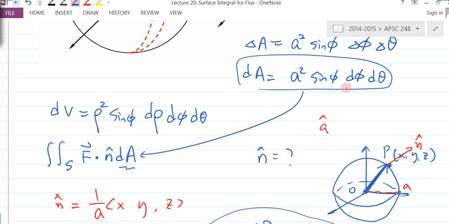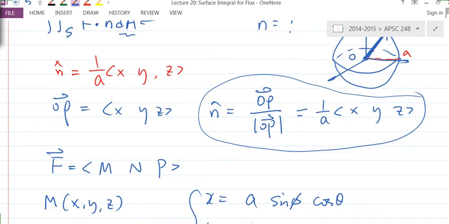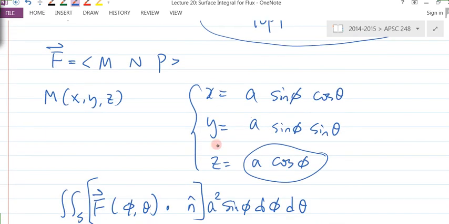And you're integrating over this spherical surface. The x, y, z coordinates on the spherical surface can be transformed to phi and theta using these three formulas. So that's why you can replace all the x, y, z with these three formulas.